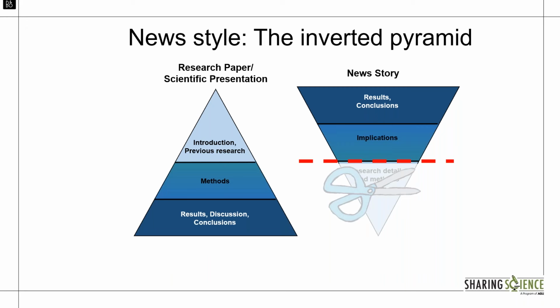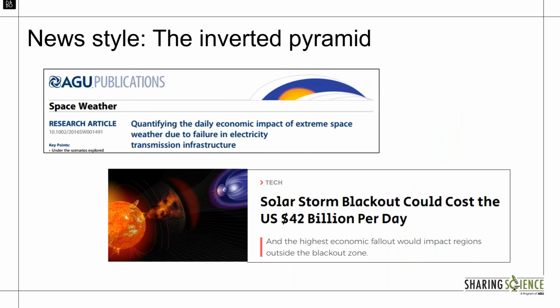And the reason this was done was that first, when news was only in print, if an article was too long to fit on a page, an editor would just snip off the bottom of it. Now, if that happened to a research paper, you miss all of the meat of it. You miss the blood that went into it and the results that you got.